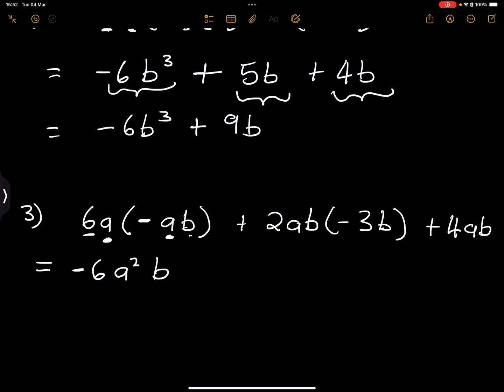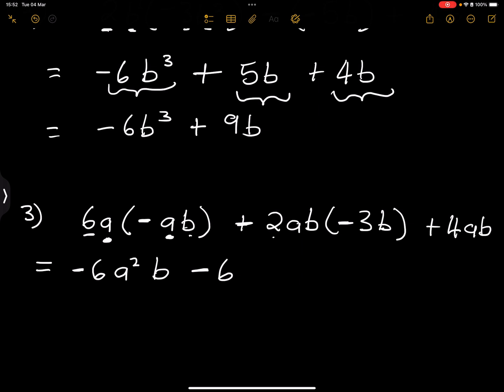Now let's go to the next one. We've got plus a positive 2 multiplied by negative 3. Remember, once again, the signs are different and we are multiplying, so we end up with a negative. So this will be negative 6, 2 times 3 is 6.